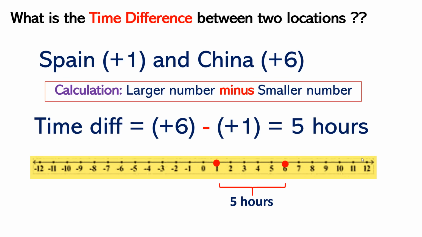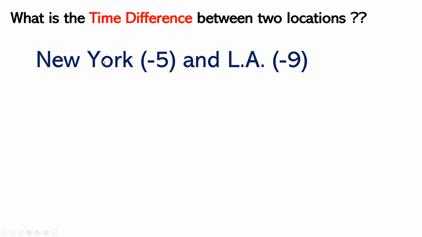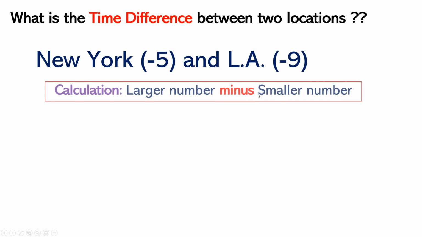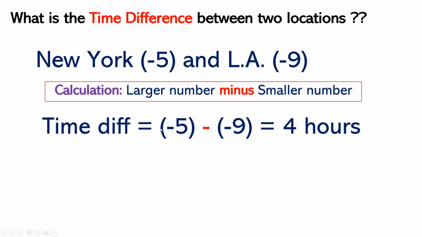Let's have a look at a slightly more difficult one. New York is in a time zone of -5, so it's 5 hours behind the Greenwich Meridian. Los Angeles is at -9. What's the time difference between them? Now if we do the larger number minus the smaller number, we can see -5 minus -9, so this would become +9.